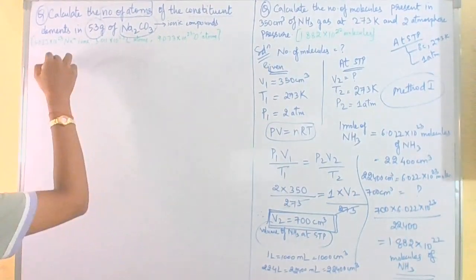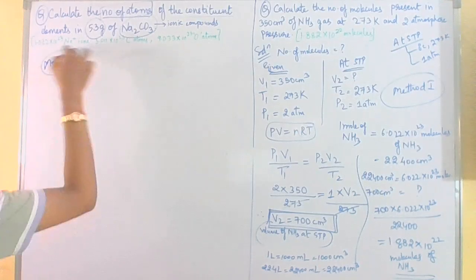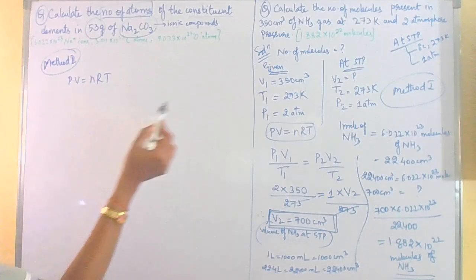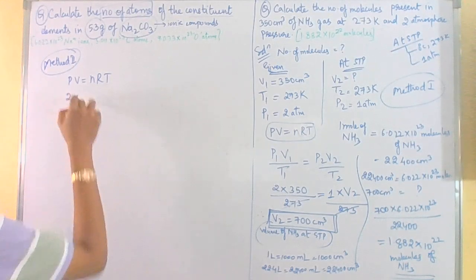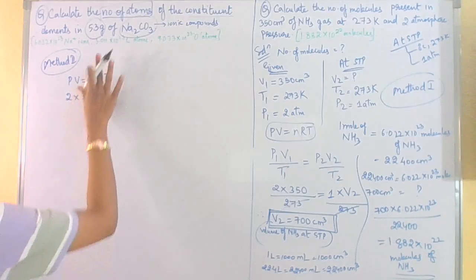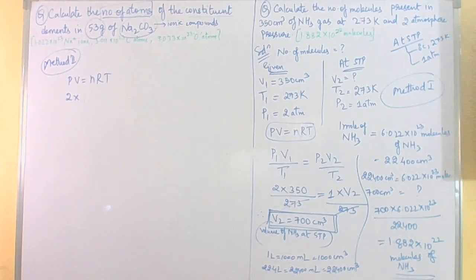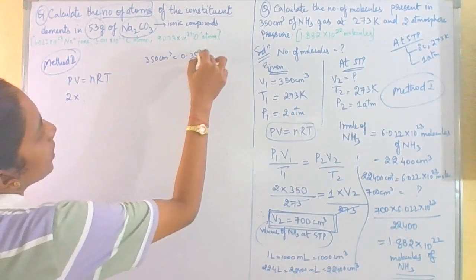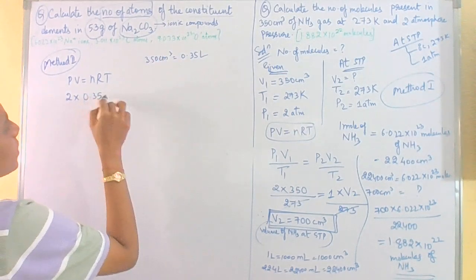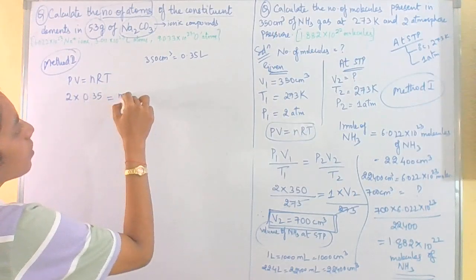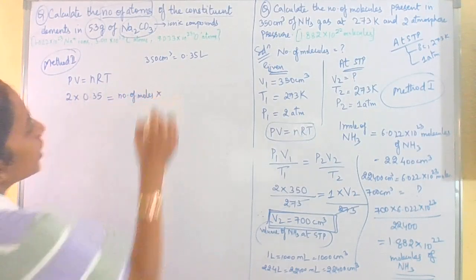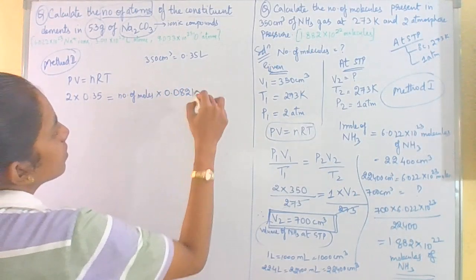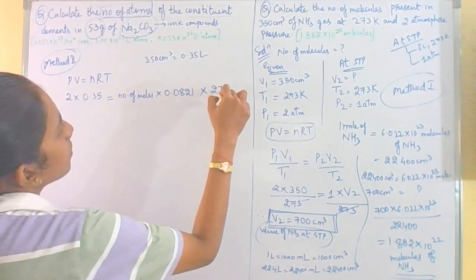Okay. We have method 2, where we'll be taking PV is equal to nRT. So P is 2, into volume. Volume we will take as 350 centimeter cube, which can be written as 0.35 liters. 0.35 liters is equal to n, the number of moles, into R, the gas constant, 0.0821, into temperature 273 Kelvin.